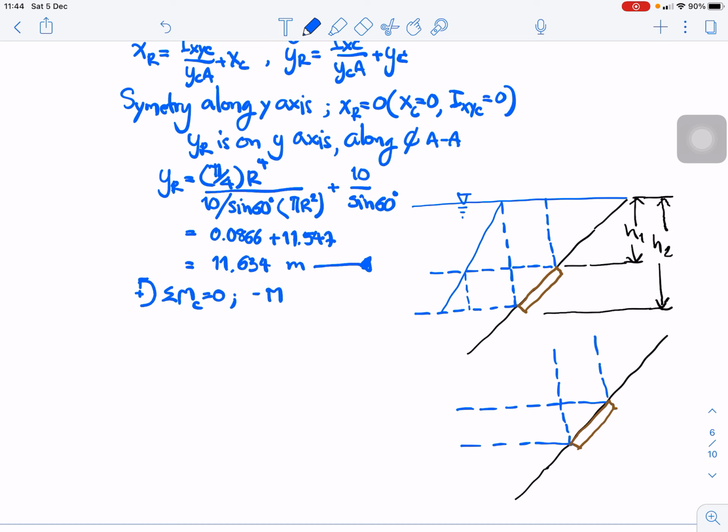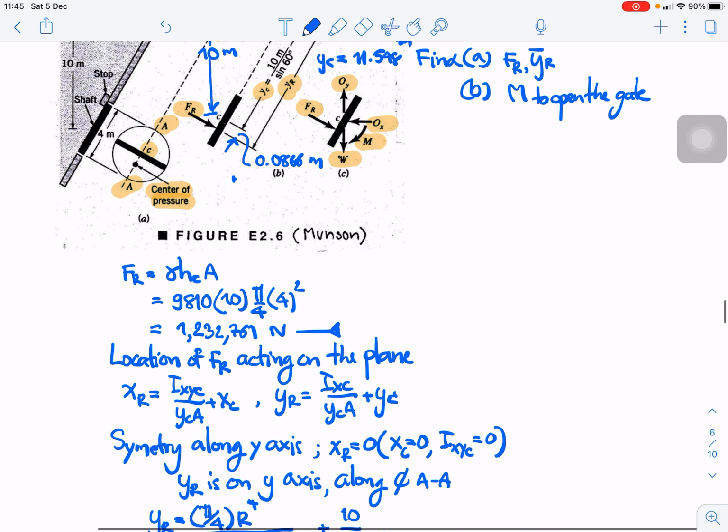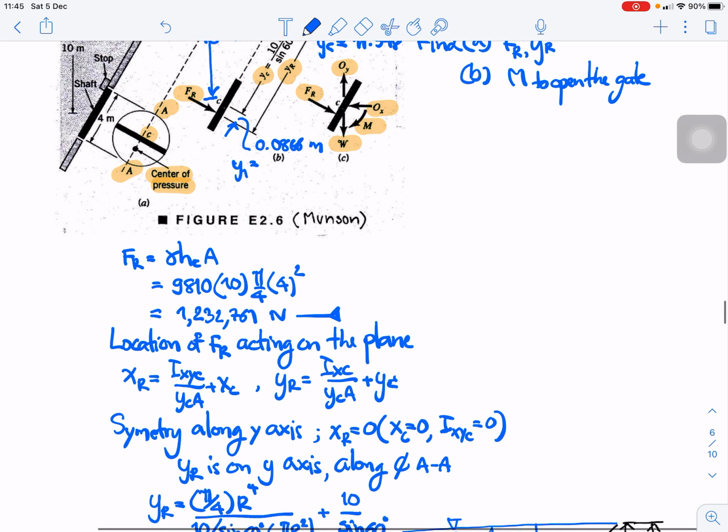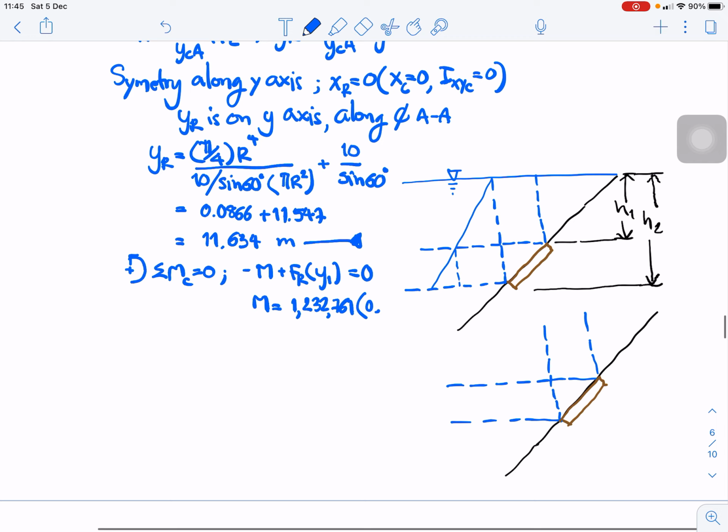Looking at the free body diagram, we take the moments, substitute the resultant force and the distance, and take moments about the centroid.